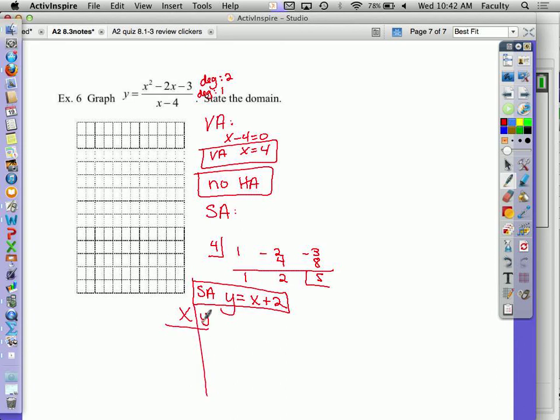Alright, I'm going to make an xy table. 5, 6, 7, 3, 2, 1. Let's use our calculator on this one. Now be careful, you have to enter the numerator in a parenthesis and the denominator in a parenthesis.